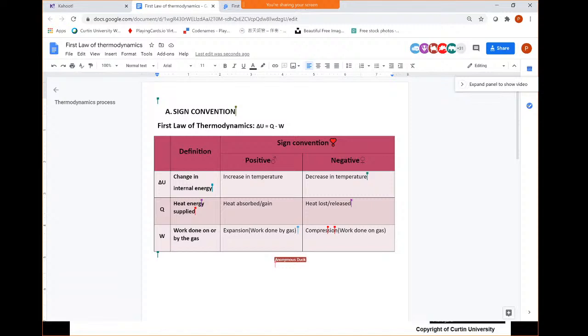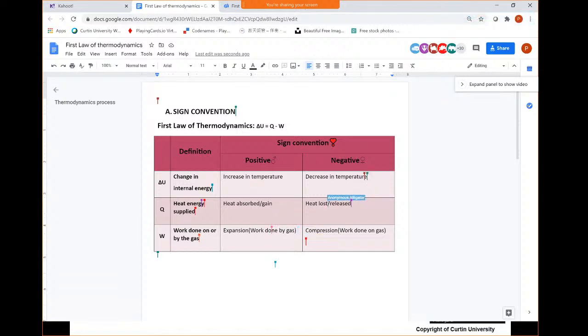So an additional question. You have learned in your chemistry about endothermic and also exothermic processes, right? So positive Q, is it exo or endo? Endo.